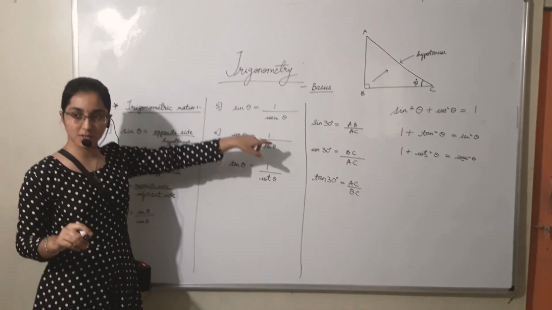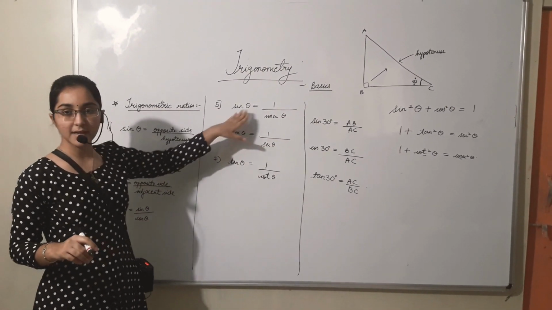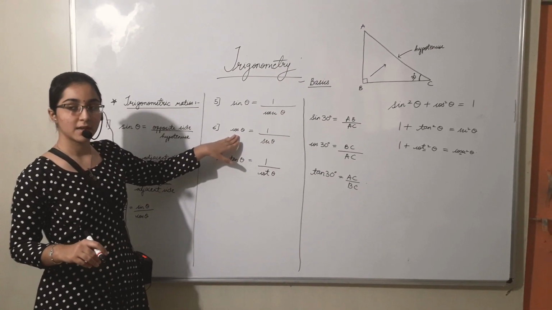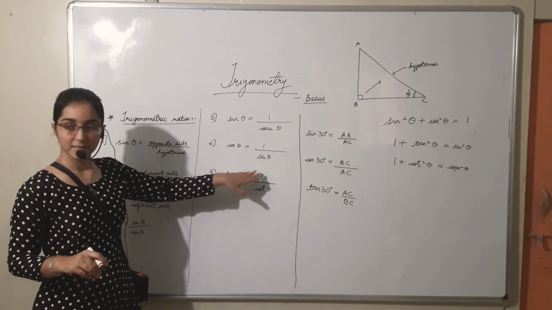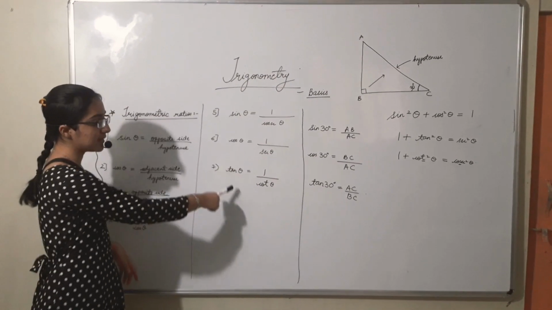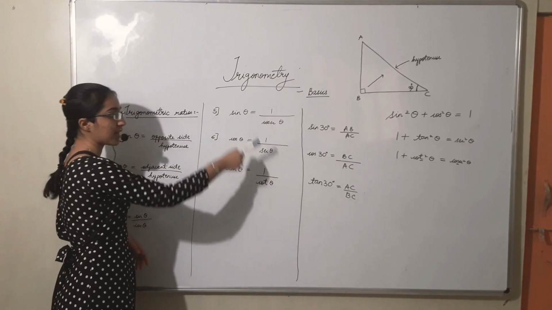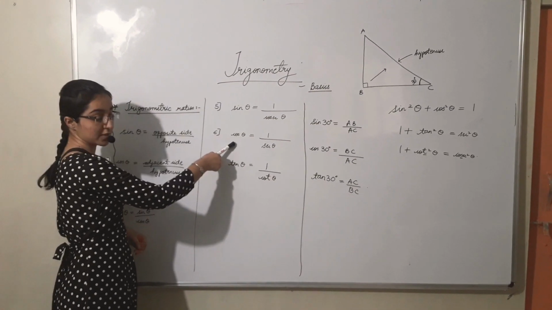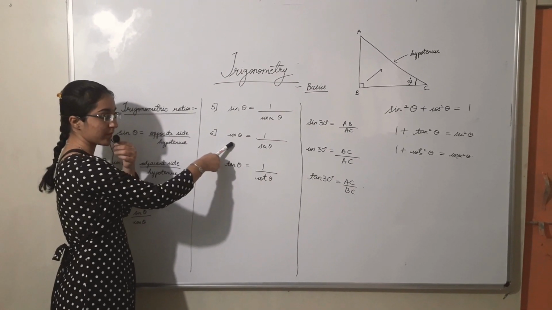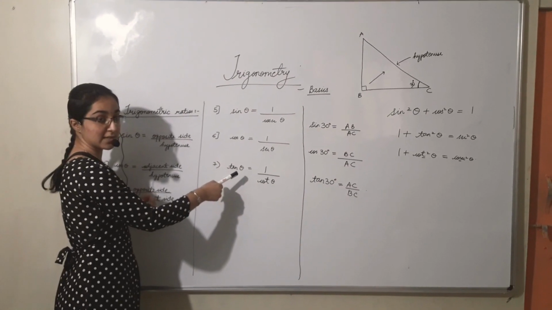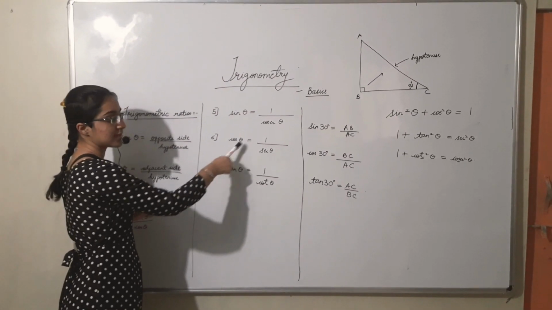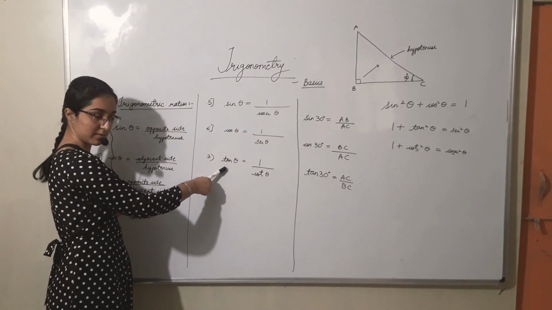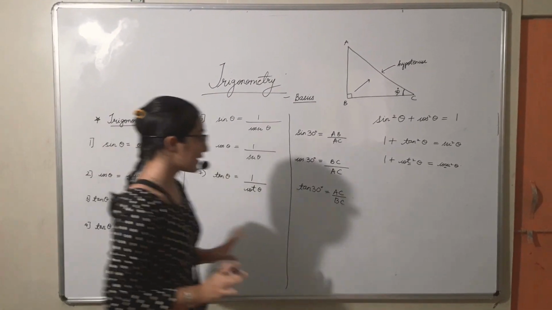Cos theta is reciprocal of sec theta. Tan theta is reciprocal of cot theta. Everyone is clear till here?